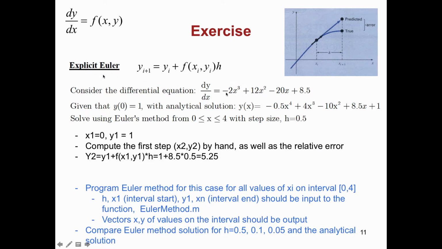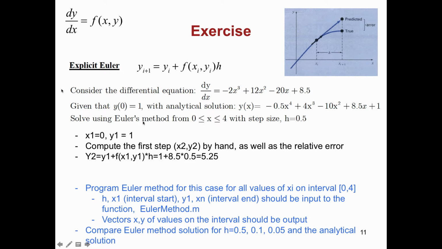So this is actually simple to integrate. Yes. So we do have an analytical solution. Here it is. Again, I'm not asking you to come up with it, but this is my analytical solution. So I have y of 0 equal to 1, and this is the problem I'm solving. Let's solve this using Euler's method and compare to our analytical solution.